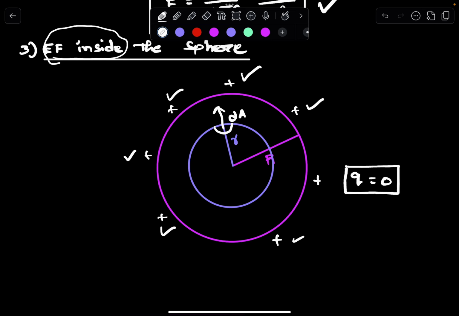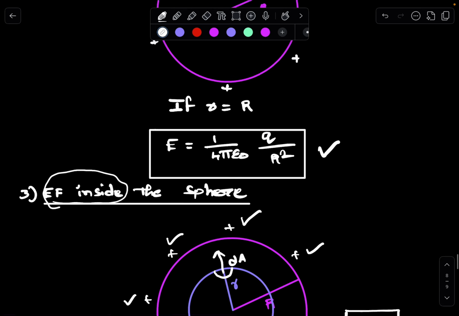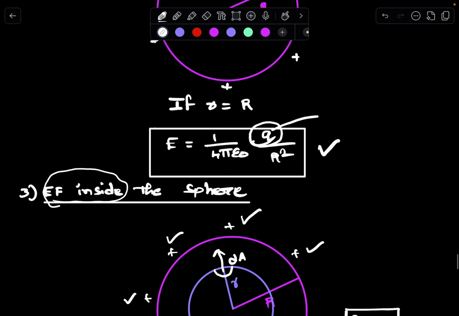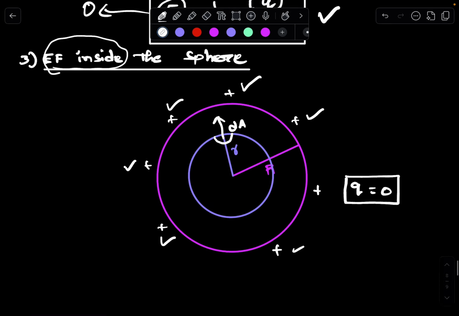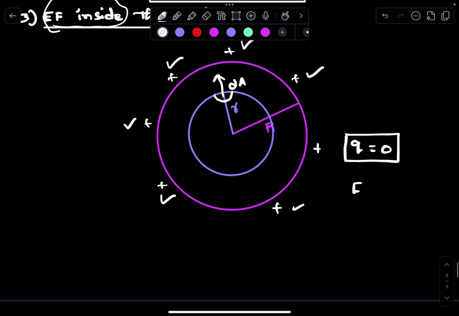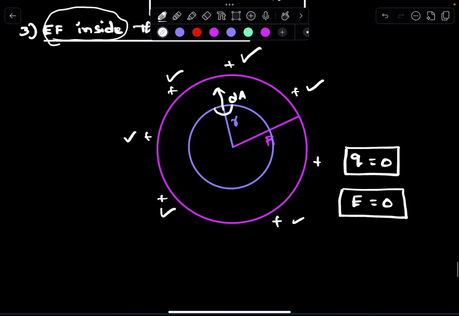That means the enclosed charge is clearly 0. Whenever the charge is 0, the electric field is also 0. So we can write that the electric field inside the hollow sphere is equal to 0.